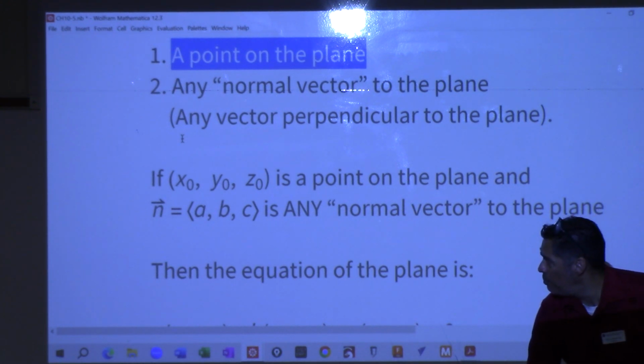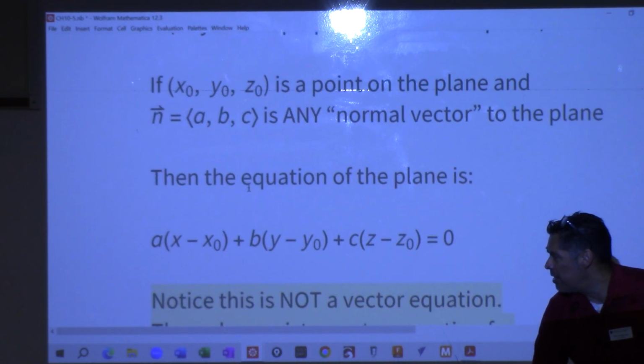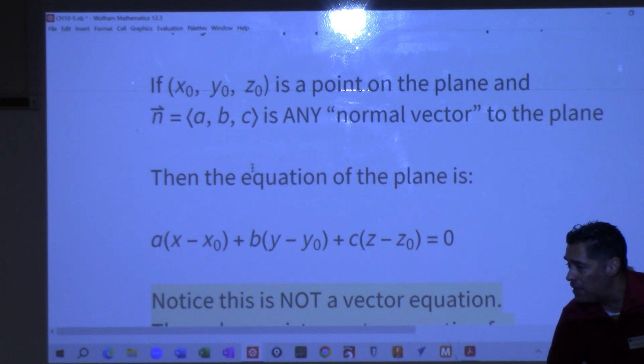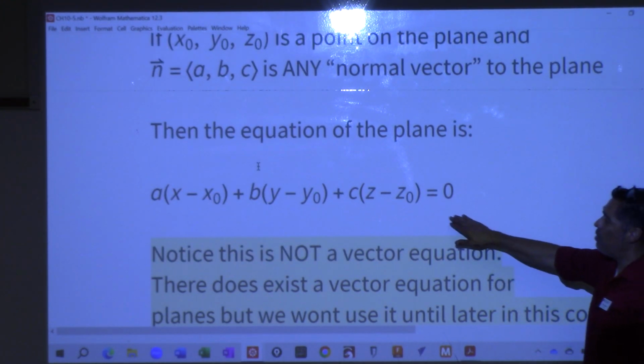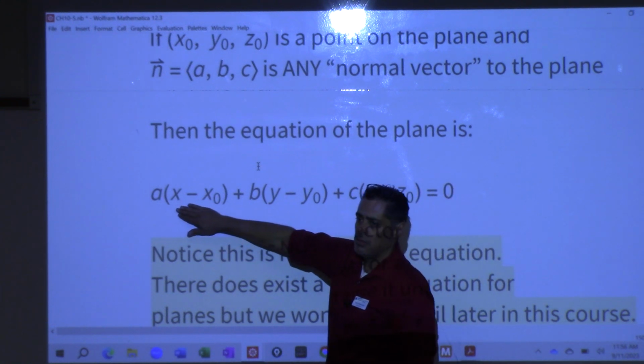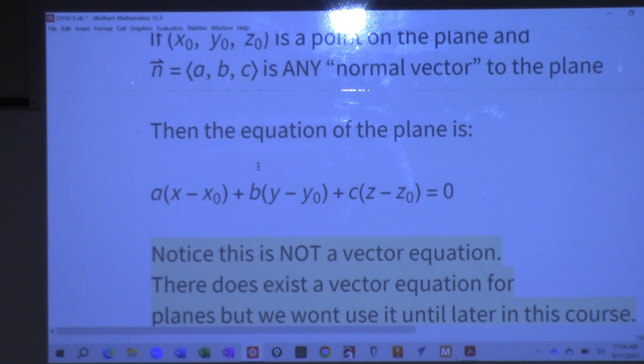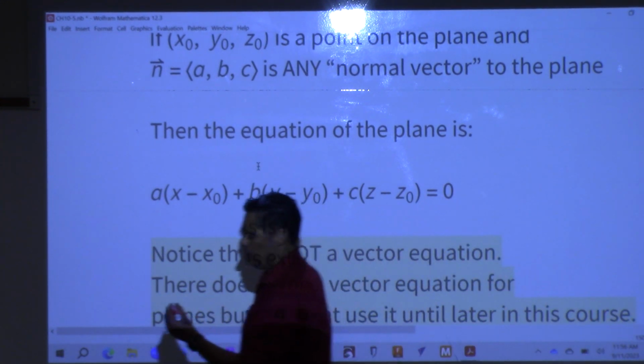If we have those 2 pieces of information, then the equation of the plane, not the vector equation, the standard algebraic equation of the plane is written as follows. I'm going to do an example, but I'll put that formula on the board on the side here so we have it.